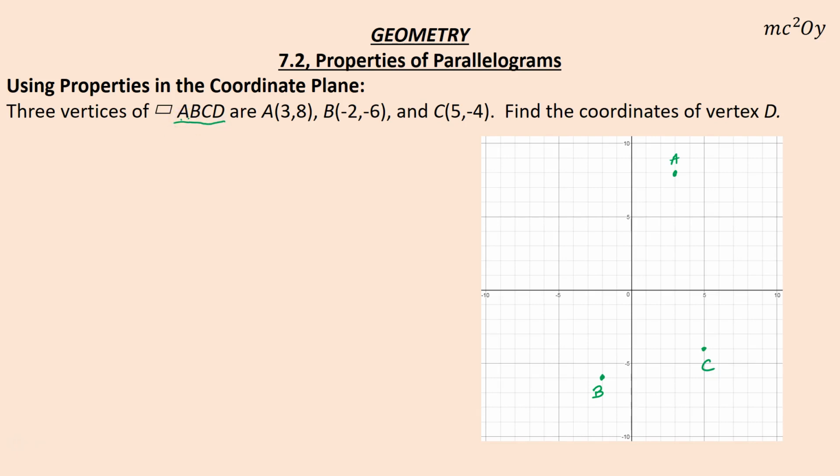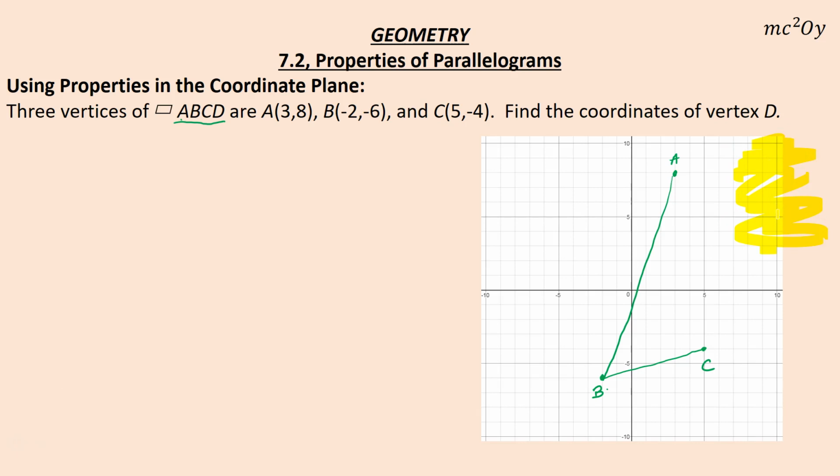So A goes to B. B goes to C, because it's read as A, B, C, and then C would have to connect to D. So the next coordinate has to be somewhere up in this region. Okay, how do I know that? Because if I'm looking at a parallelogram, that other coordinate is going to have to be up here somewhere.